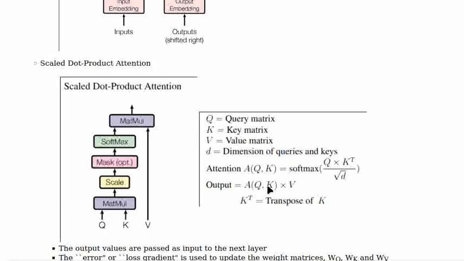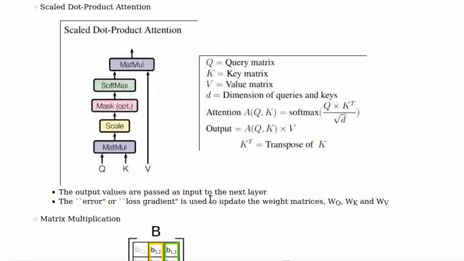The product of A times V is the output matrix. The output values are passed as input to the next layer, after going through a feed-forward network. The error or loss gradient is used to update the weight matrices WQ, WK, and WV.